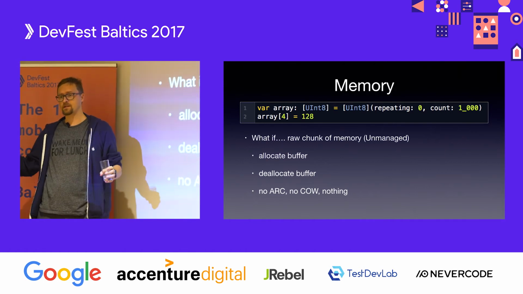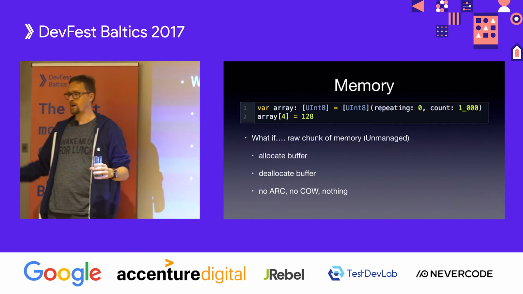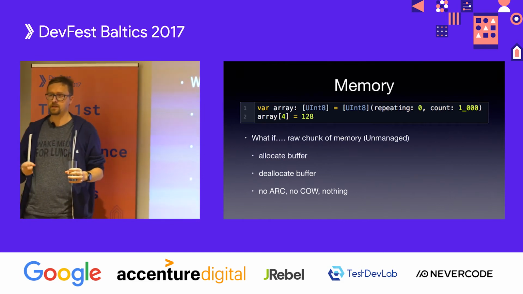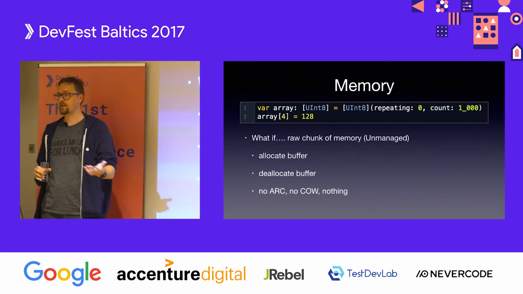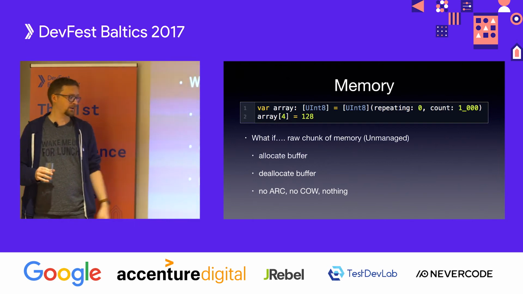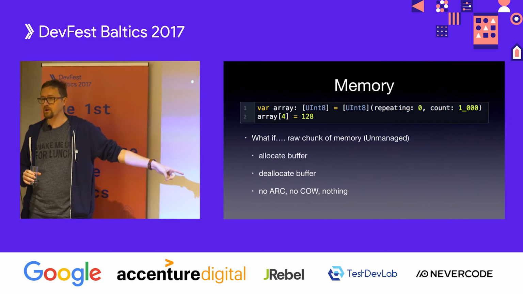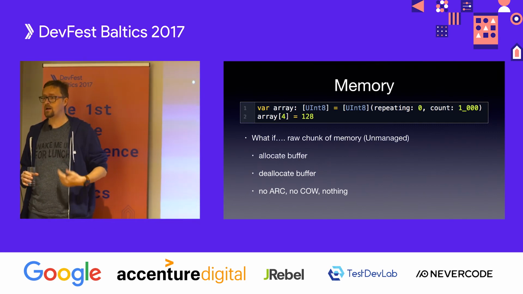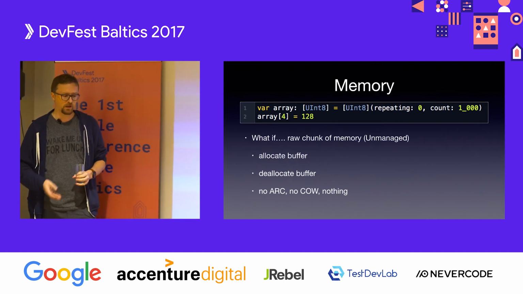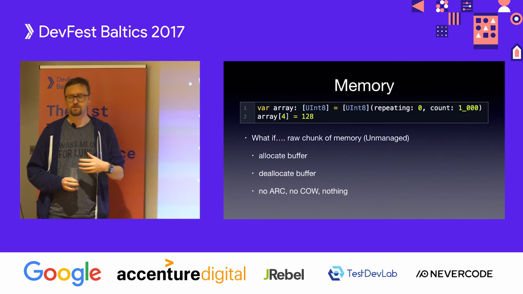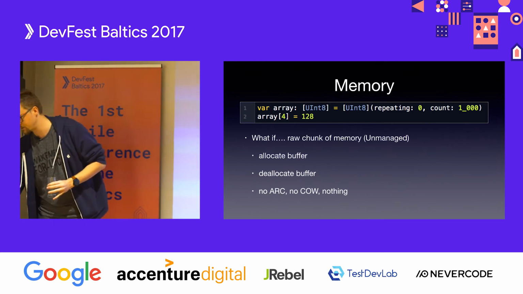The bigger the array, the longer it will take, because of the copy, 1 megabyte each time in the loop, that will take time. But with my buffer, I just modify and nothing happens, because there's no automatic copy on write, right? It's up to me what is going on with the value. Of course, you have to be careful because it's no longer the semantics of an array and so on, but it's fast.